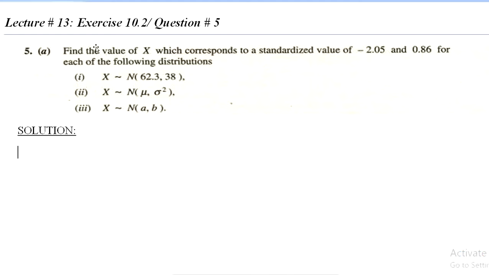We are solving this question. Let's discuss what is the given information and what is the requirement. Find the value of x. So we want to find the value of random variable x, which is a normal random variable.